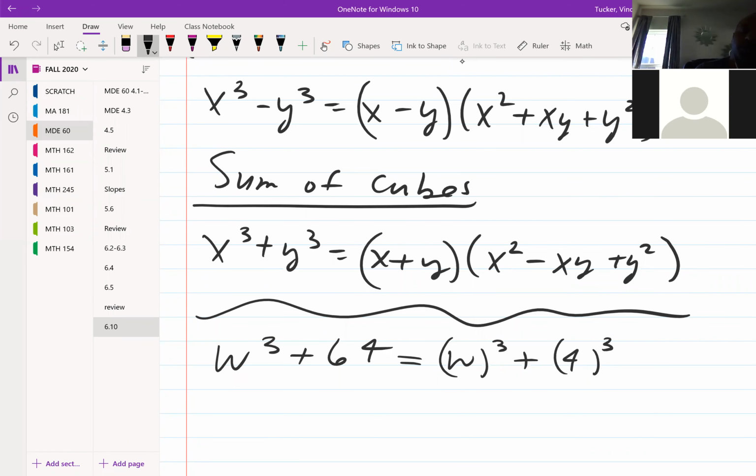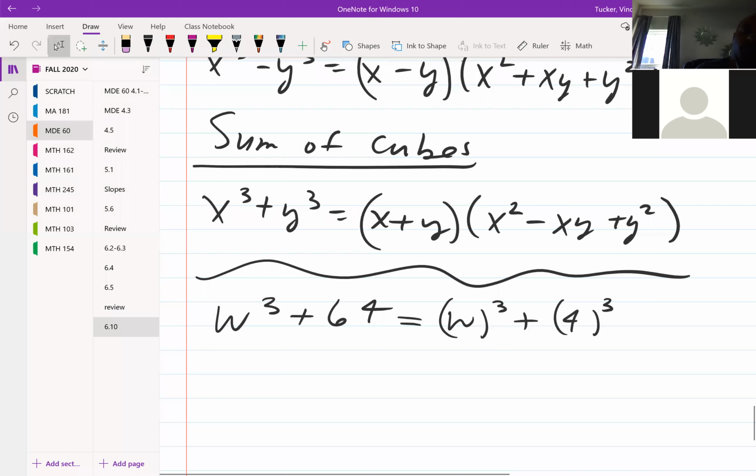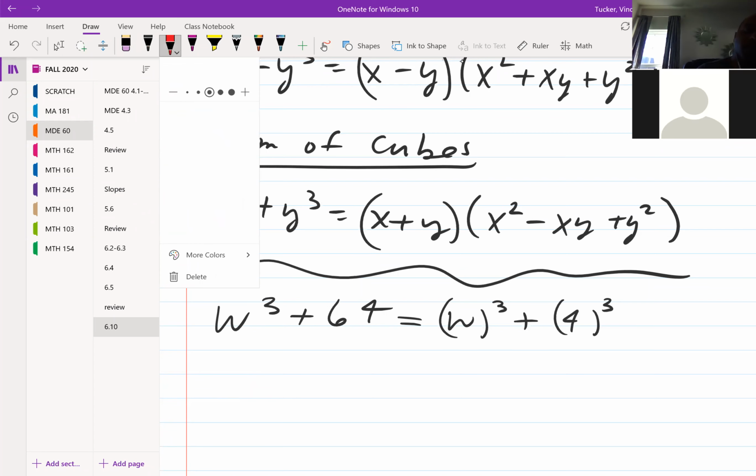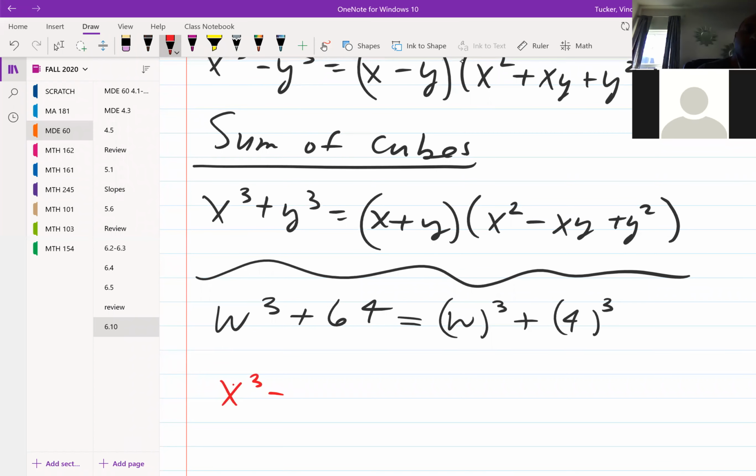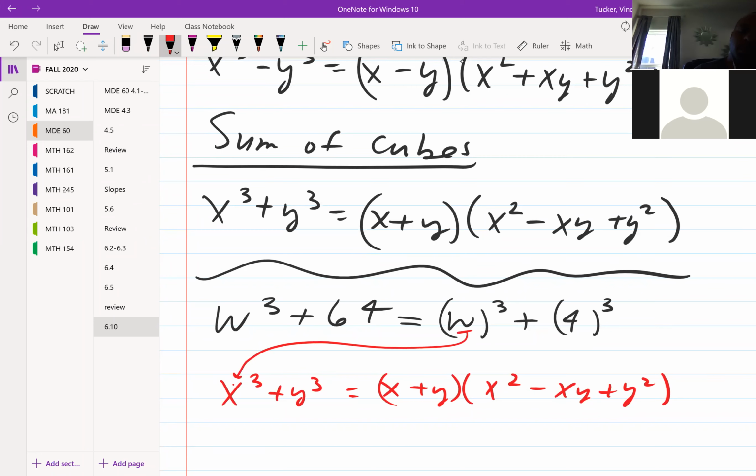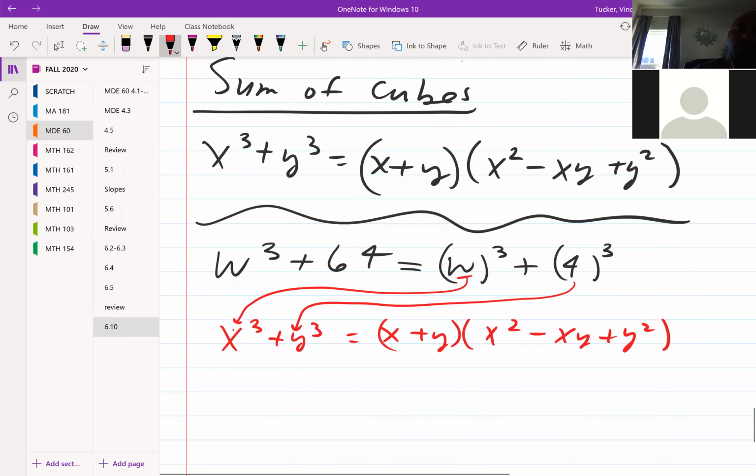Sum of cubes says that if we have, and I'll just rewrite it down here. So that w, we're plugging in where x is, and that 4, we're going to plug in where y is.